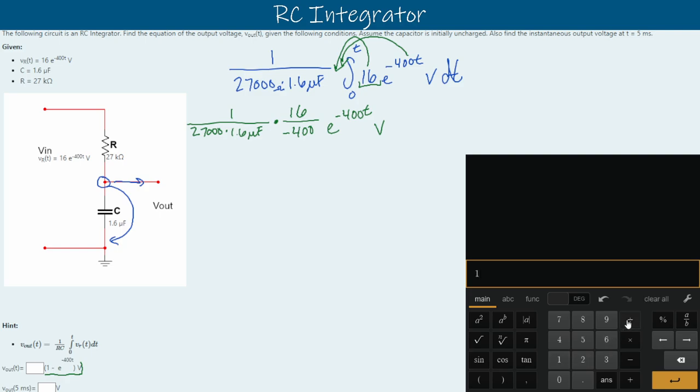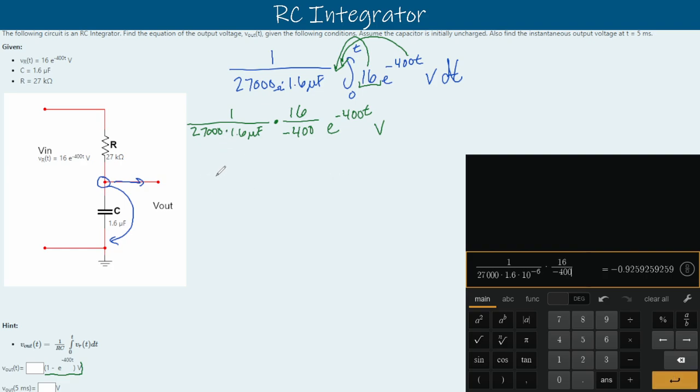So 1 divided by 27,000 multiplied by 1.6 times 10 to the negative 6, since micro is 10 to the negative 6, and then we'll multiply that number by 16 divided by negative 400. We get this number here, so we'll write that in.